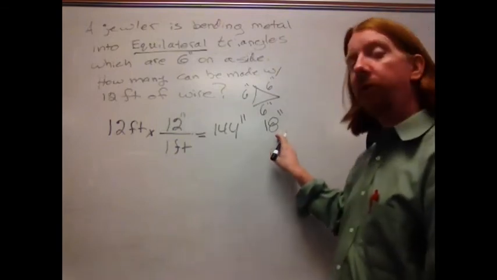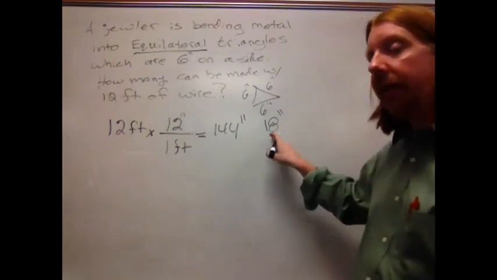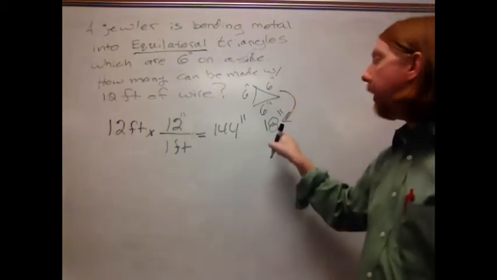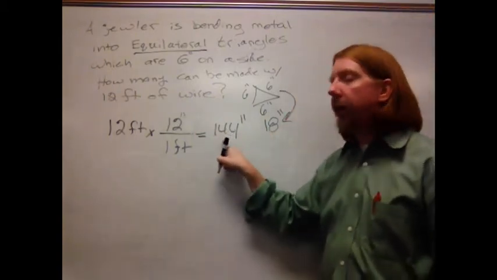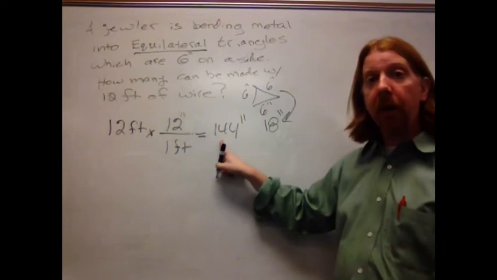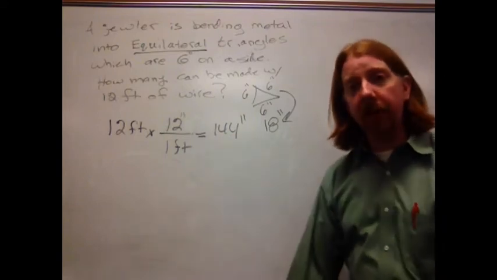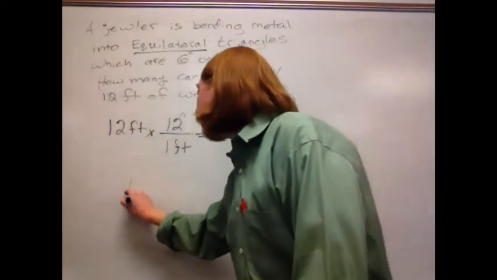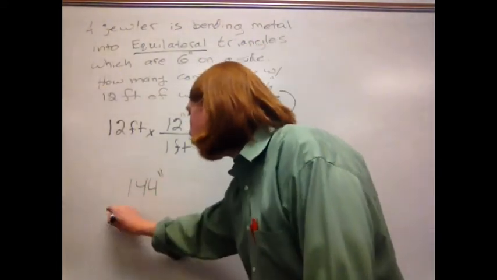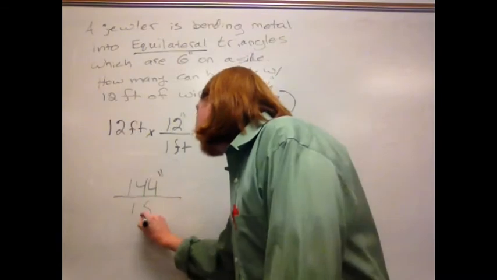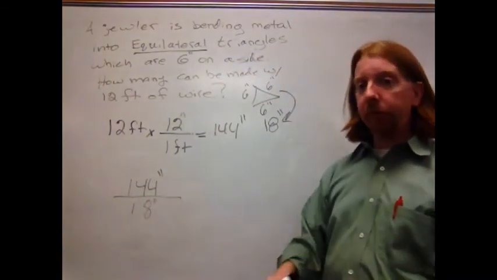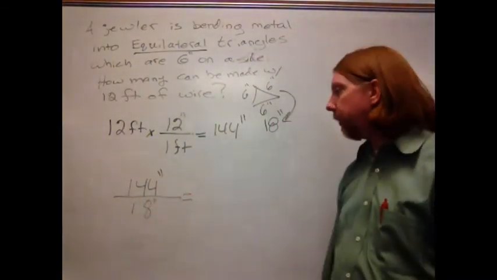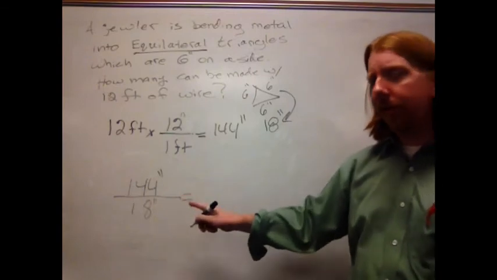So now what the question really is asking, how many times can I evenly divide 18 inches into my 144 inches worth of wire. And that's a classic problem we did back when we learned division. So I'm going to set that up now by saying I've got my 144 inches, divide that by 18 inches per triangle. Let's see what we get for a number. I'm pretty sure I'm going to end up with a decimal here.